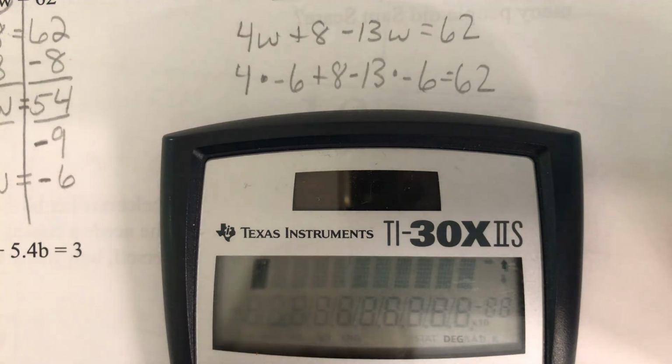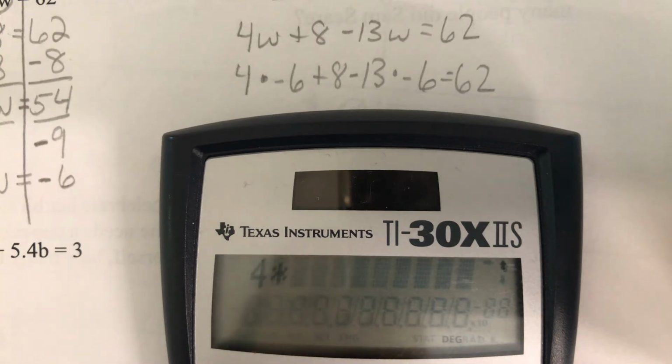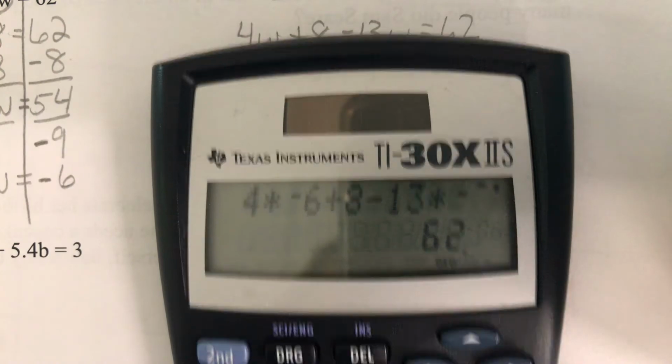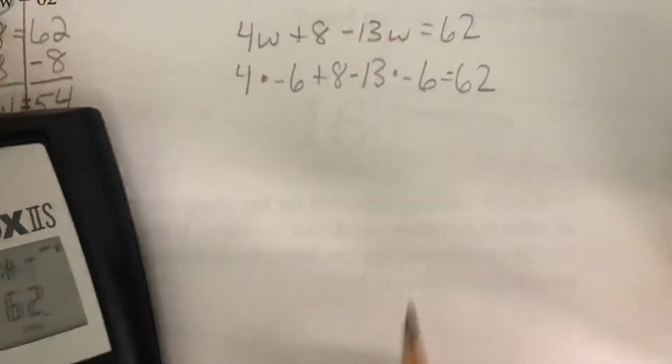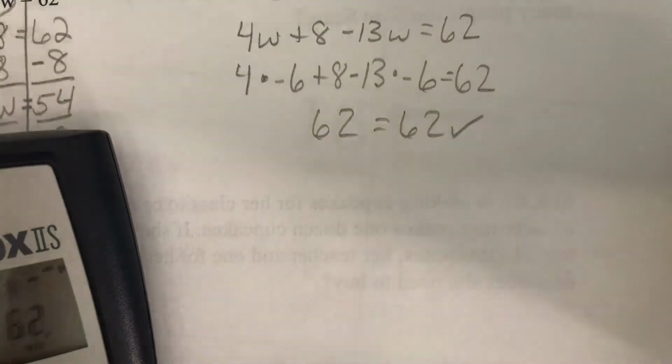Okay, so you have the ability to pause your video whenever you need. 4 times -6 plus 8 minus 13 times -6, and I want to see 62 in my calculator. Perfect. So I know that I got this right.